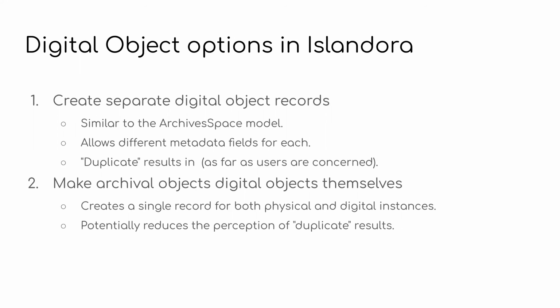There's a lot of archival theory behind why that metadata theory about why that makes sense. In part, it allows for different metadata fields. It allows you to more easily control the display for one versus the other. The complication with this model, however, is that it creates what a user might see as duplicate results as far as the user is concerned.